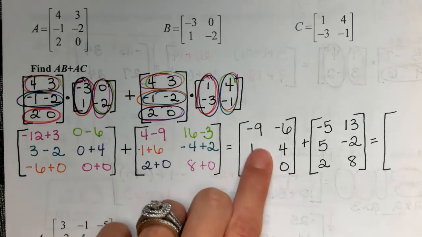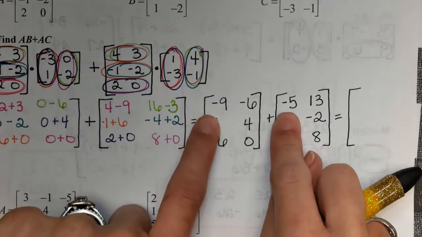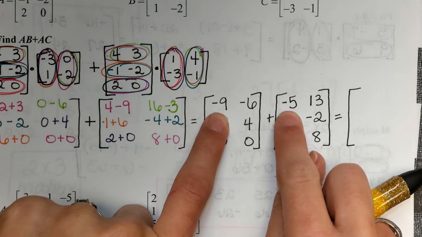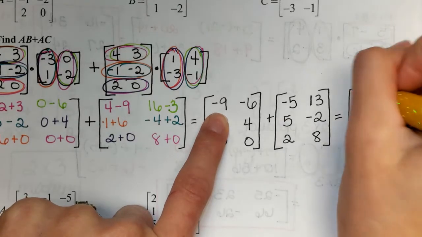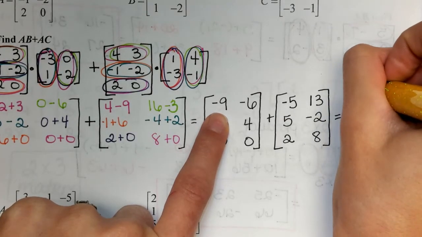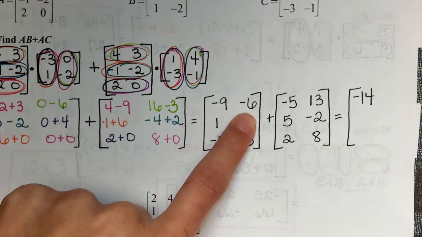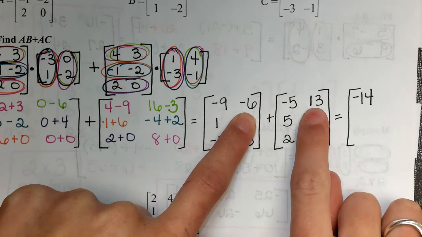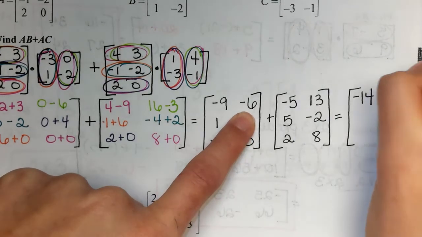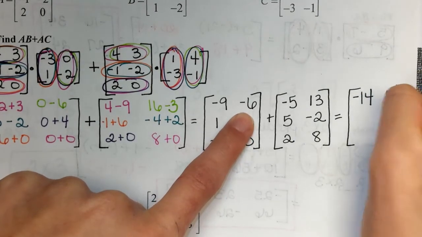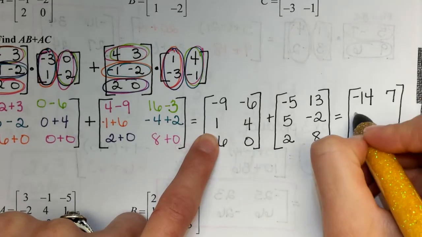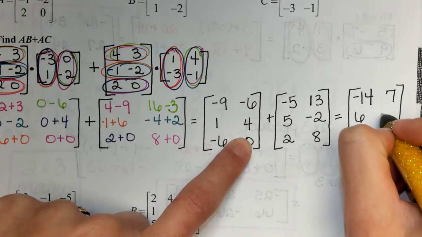Okay. Now we add. Negative 9 and negative 5 is going to give me negative 14. Negative 6 plus 13. 1 plus 5. 4 minus 2.